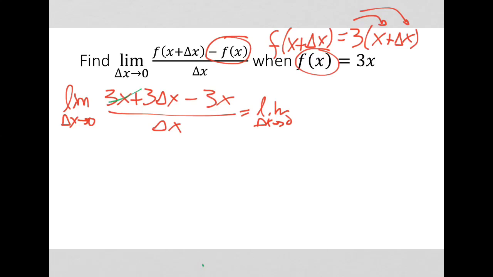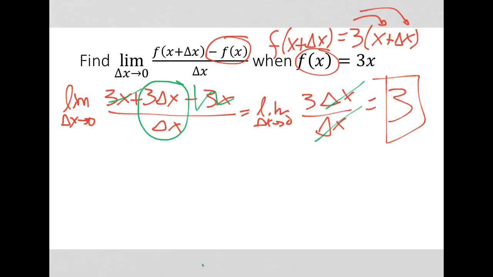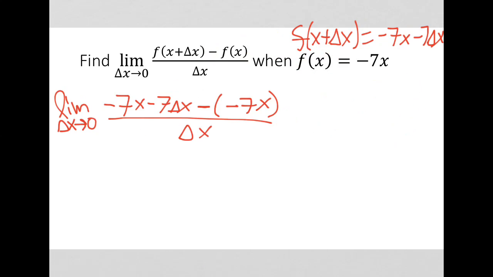I have a positive 3x and a negative 3x, so I'm left with 3 delta x over delta x. And again, notice that I have a delta x in the numerator and in the denominator. So I'm left with the limit as delta x approaches 0 of the function 3, and that, of course, is 3.